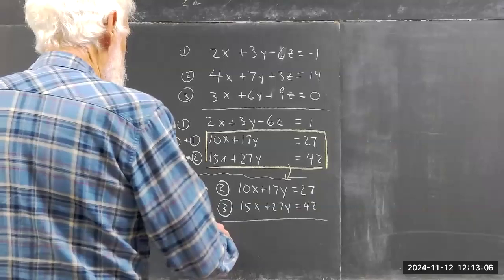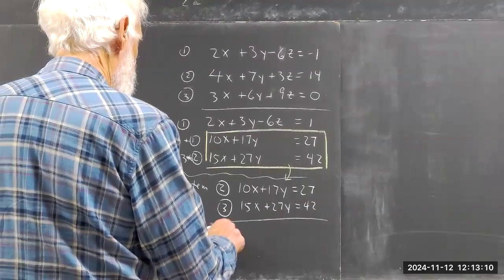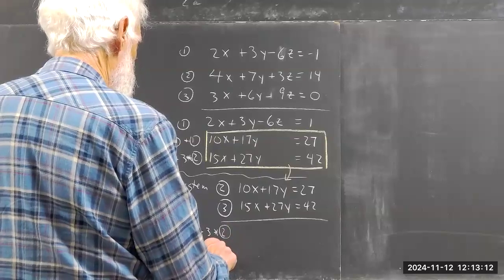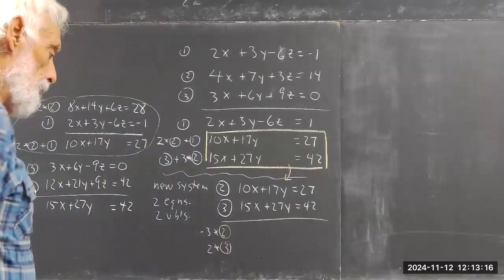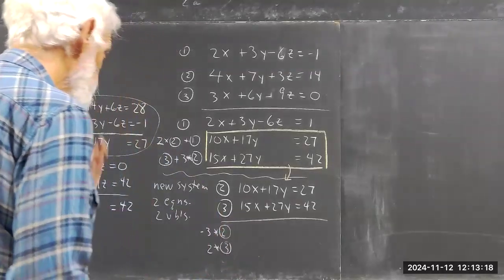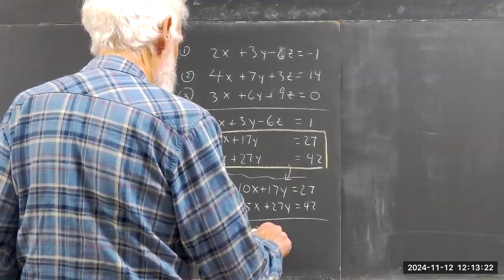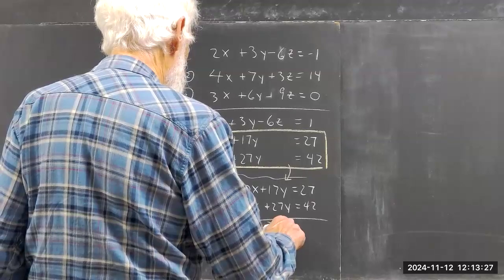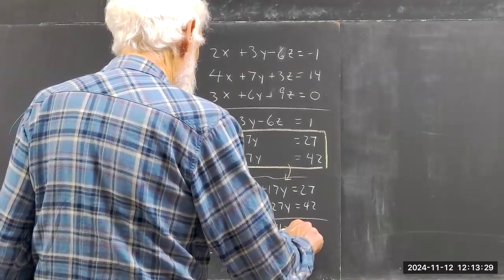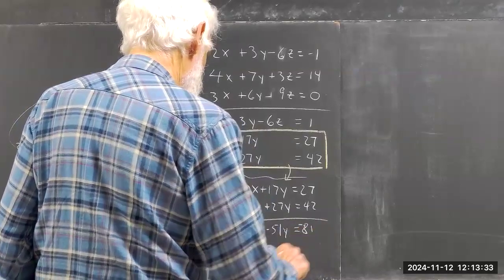So I do -3 times the second equation and 2 times the third equation. And I get -30x minus 51y equals -81.